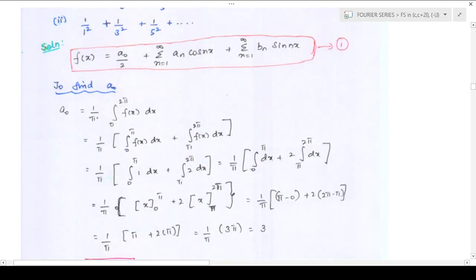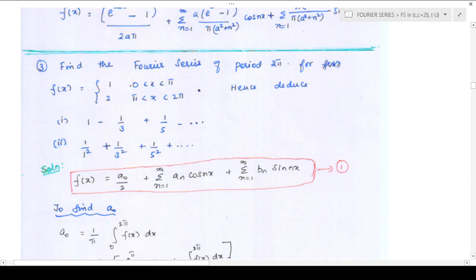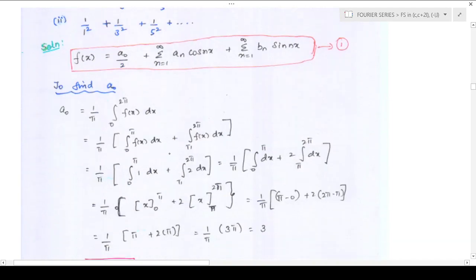What is a naught? It is 1 by pi integral 0 to 2 pi f of x dx. But here, in 0 to 2 pi you cannot substitute one function. The function is 1 in 0 to pi, 2 from pi to 2 pi. So you have to split this into two integrals, 0 to pi and pi to 2 pi. Here it is 1, here it is 2.